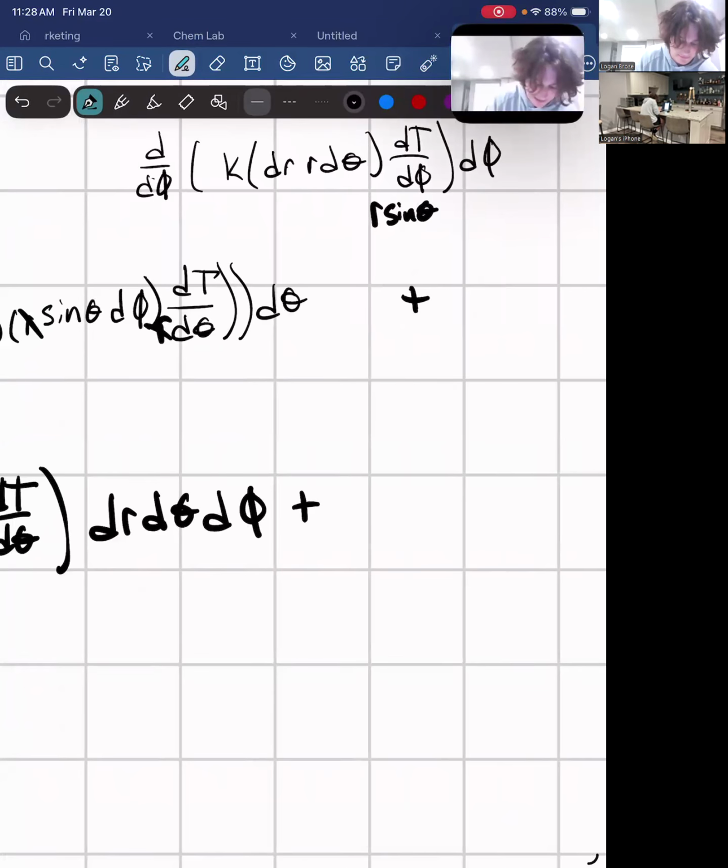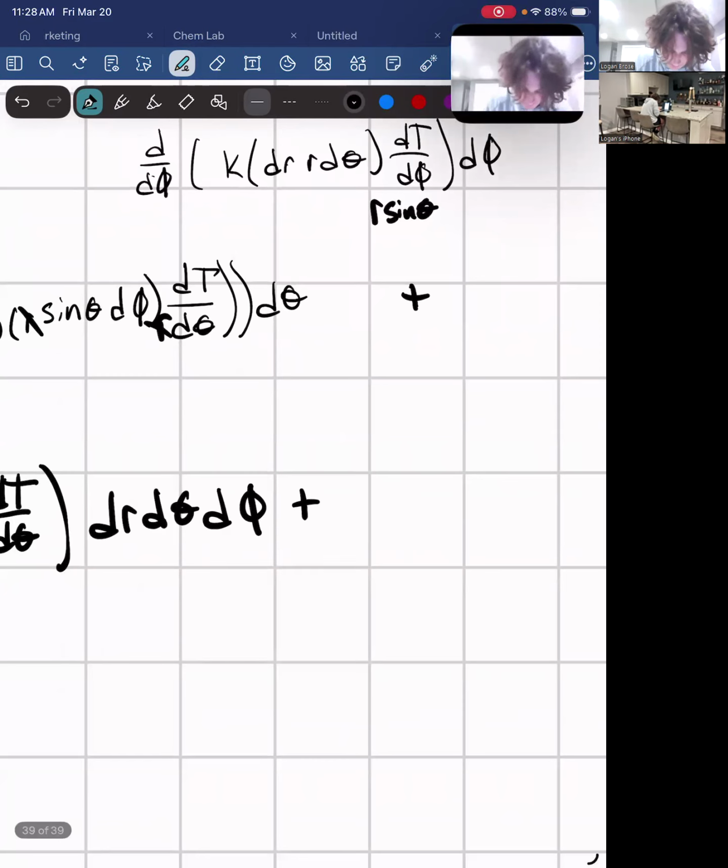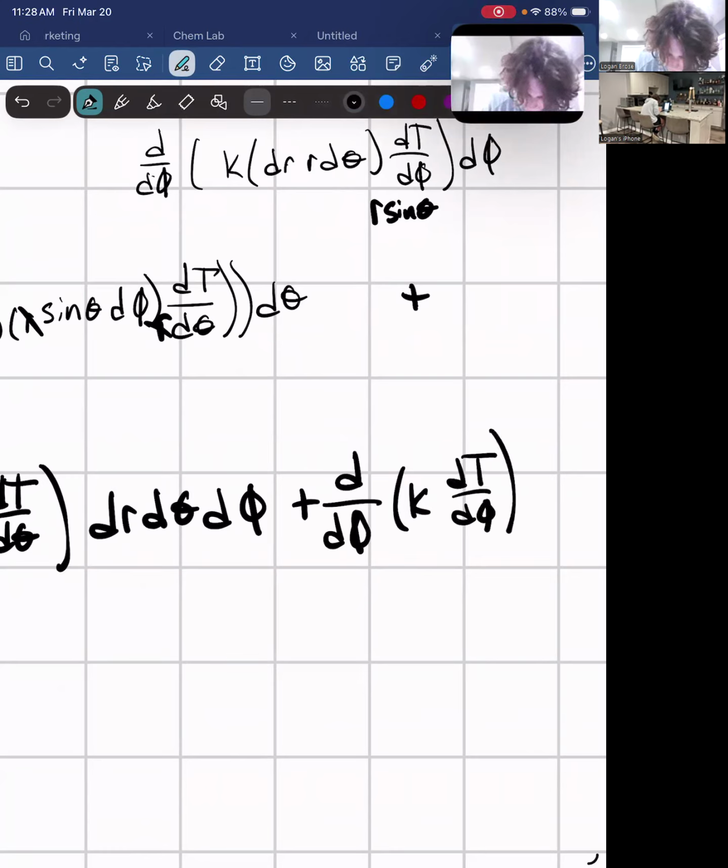And then finally, we have this equation up here where it'll be d d phi times k dT/d phi, right? And then it'll be dr d theta d phi times 1 over sine theta, because our r's cancel, but our sine doesn't, and that's in the denominator of this term here.